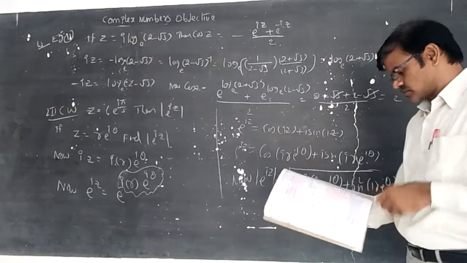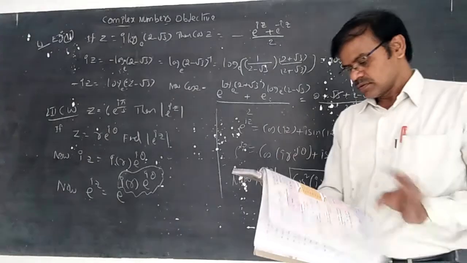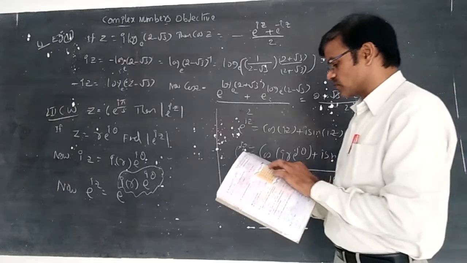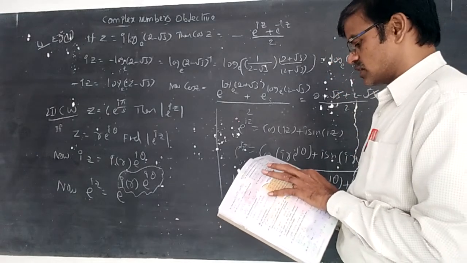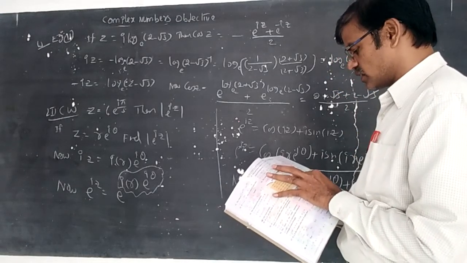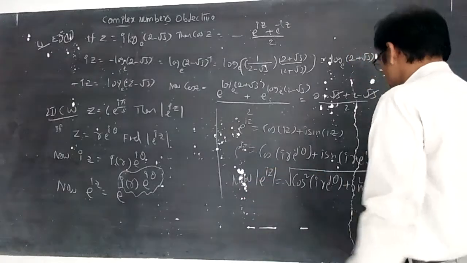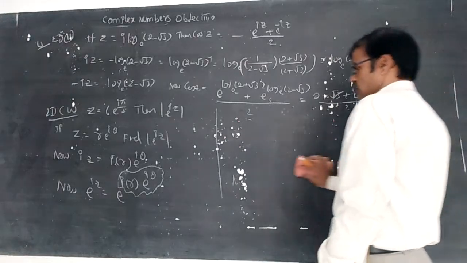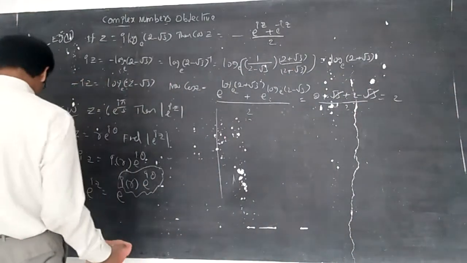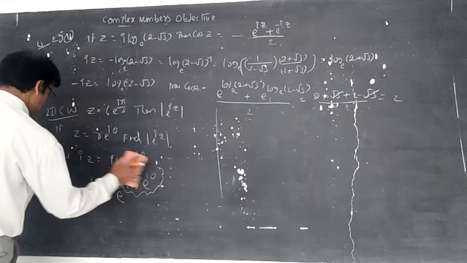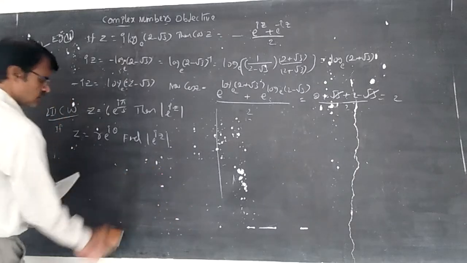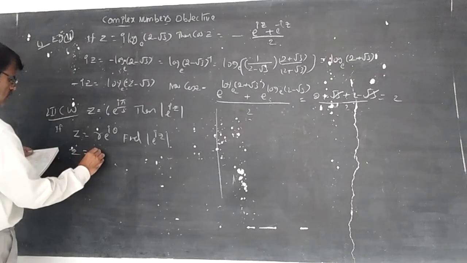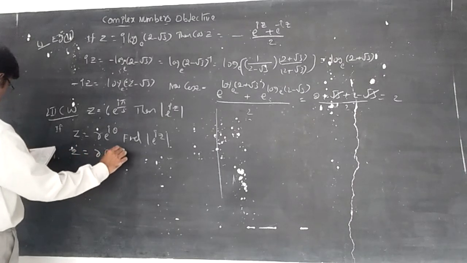Let us change. In the 7th question, it is not the proper way to convert completely and then multiply. This is not the correct way. z is equal to r into e power i theta.